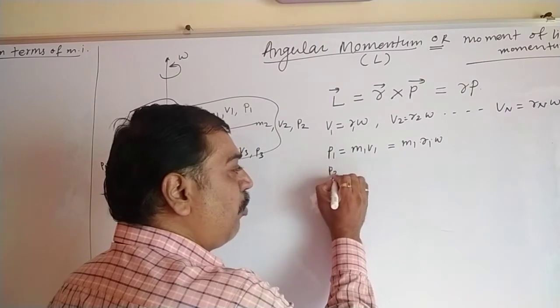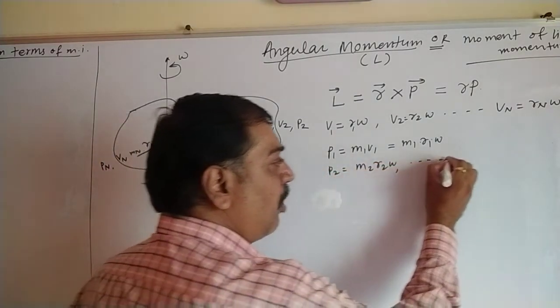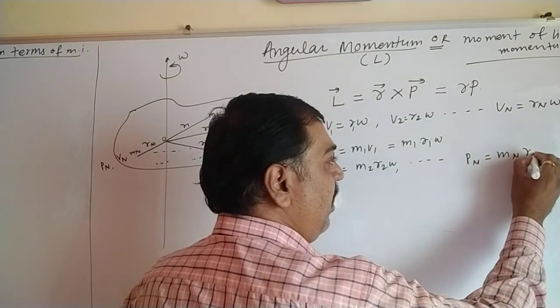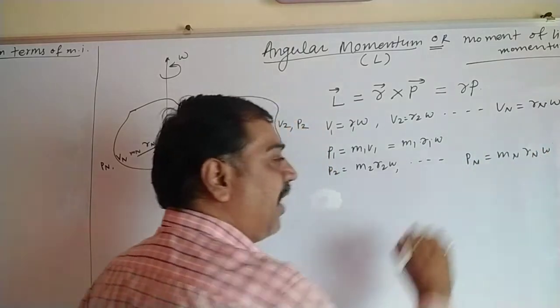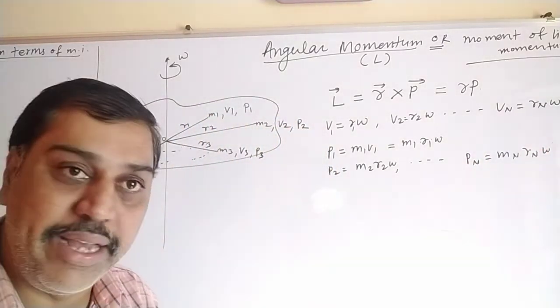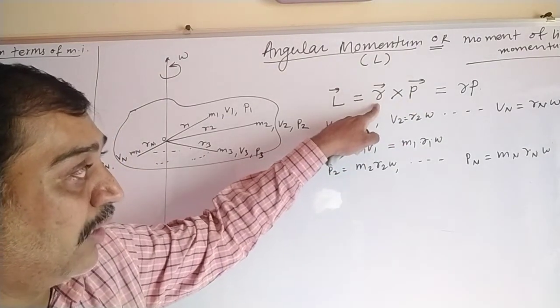Similarly p2 is m2 r2 omega, and so on up to pn, which is mn rn omega. This is how we find the linear momentum of the first, second, third, and so on up to the nth particle.